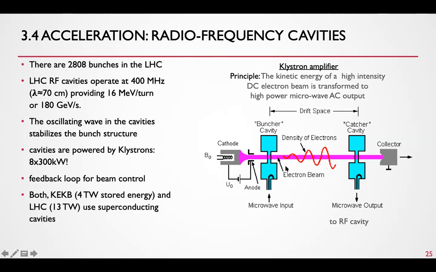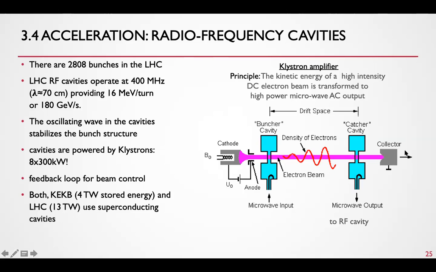So you use this high frequency to imprint a density wave on a high kinetic energy electron beam, and at the point where this oscillation has its maximum, you place another cavity, and this one then has enormous power output because the density wave is enormous. It builds up, and a lot of kinetic energy of the electrons can be transferred to the microwave output here. That's how a klystron works.